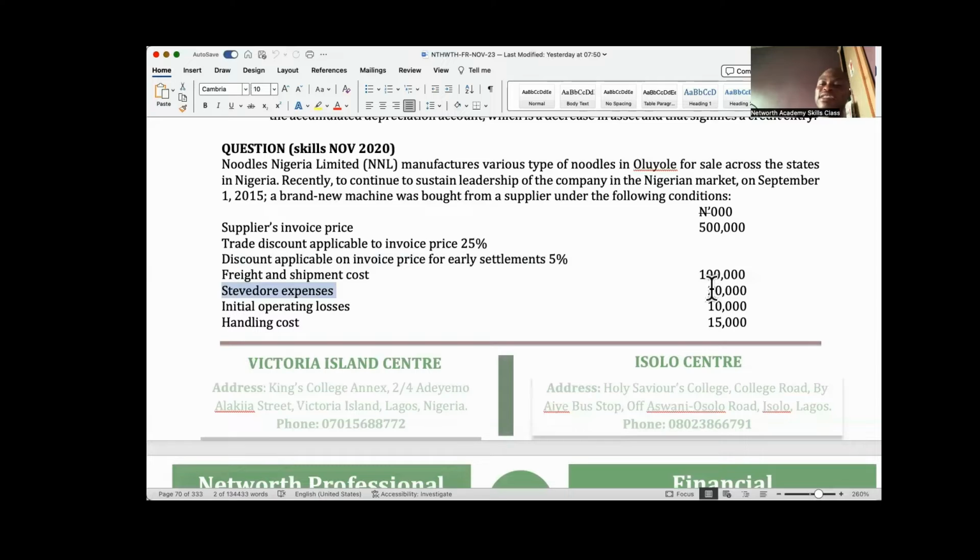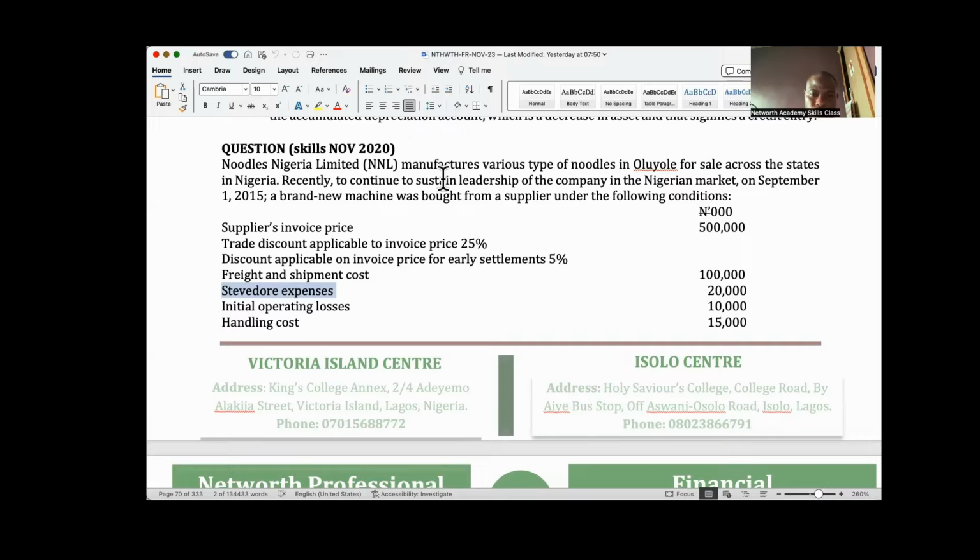So are we capitalizing that? The cost you pay for them to load the asset. Can we capitalize this loading and offloading? Yes. It should be capitalized.